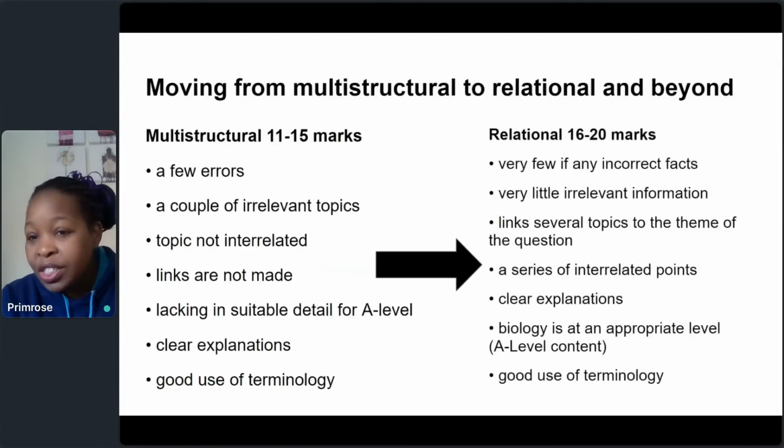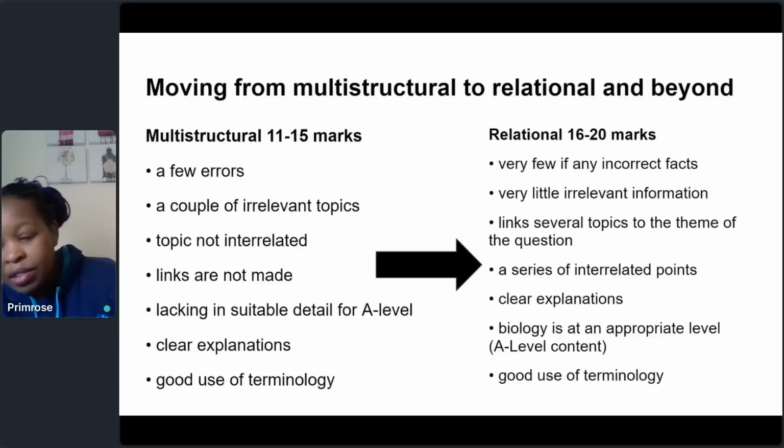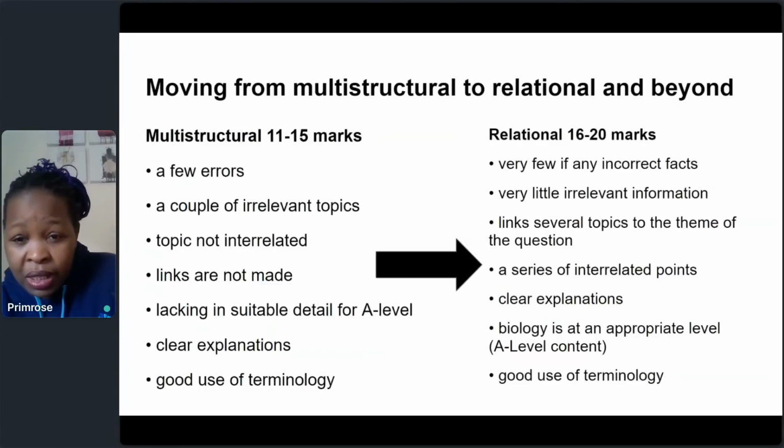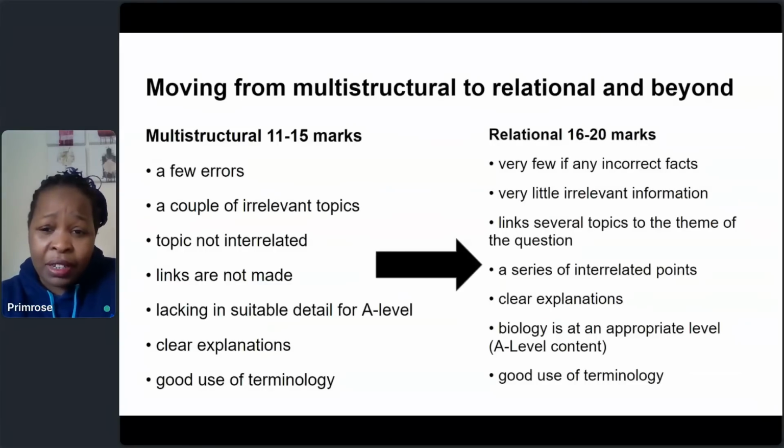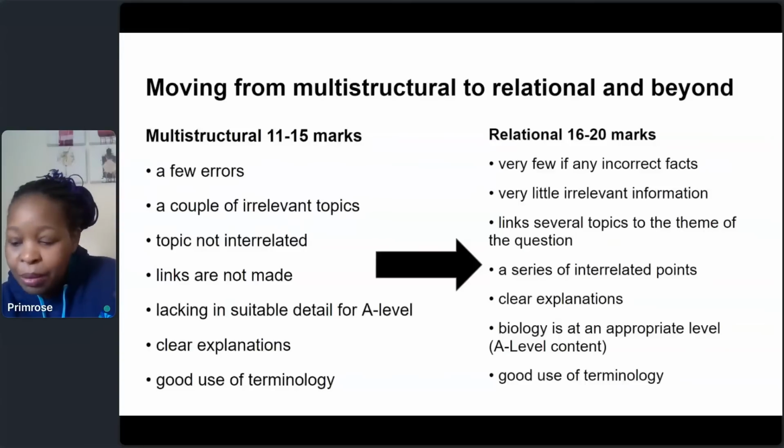So for a relational one, you've got several topics, and I'll give you an idea how many topics you should always include. And then you need to make sure that all the content is at A level, like absolutely all of it. None of it should be at GCSE. So my advice would be look through every module that you've done so far.